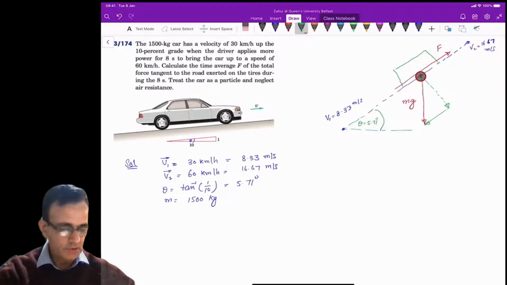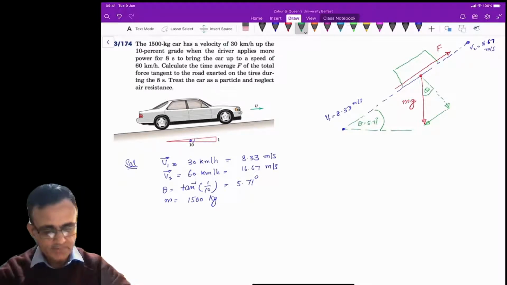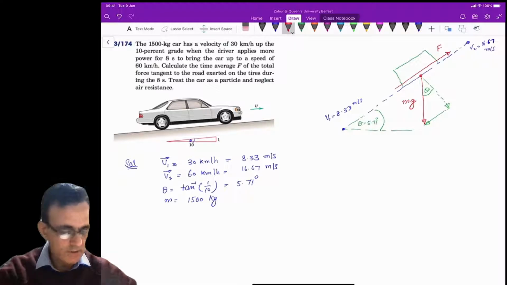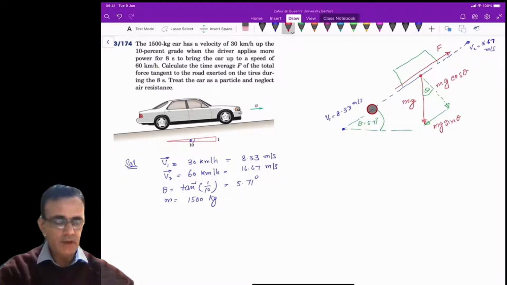Because this mg is perpendicular to the horizontal, and this is the road, and this one is perpendicular to the road, this means that this angle is also theta here. So this component becomes mg sine theta, and this component, which is the adjacent side, will become mg cos theta. So now we have identified all the forces on this car.